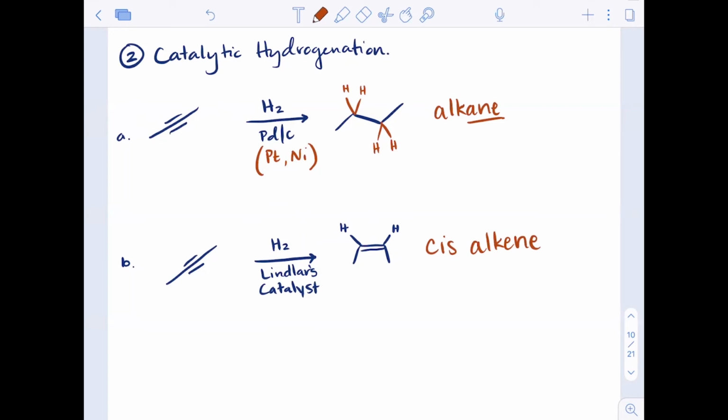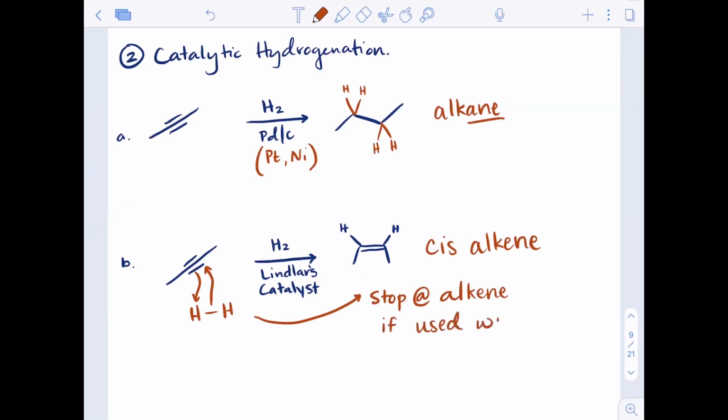Same mechanism here, where we can take H2 and add it to that triple bond, but we'll stop here at the alkene if you use a less reactive catalyst.